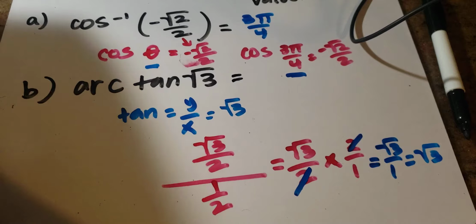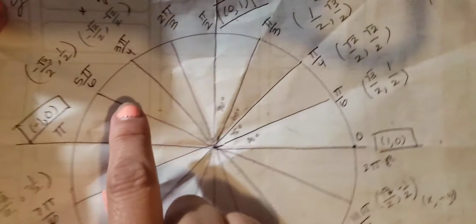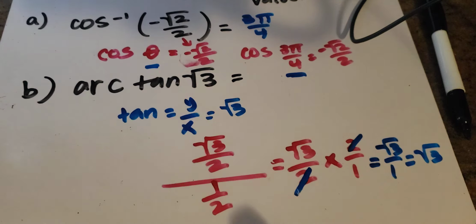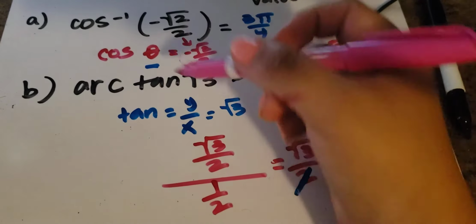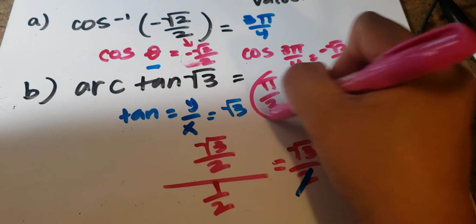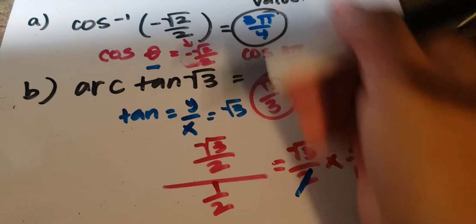Okay? So tangent of pi over 3 will give me square root of 3. So if I do the arc tangent of square root of 3, that should be pi over 3. So that's my solution there. And this is my solution here.